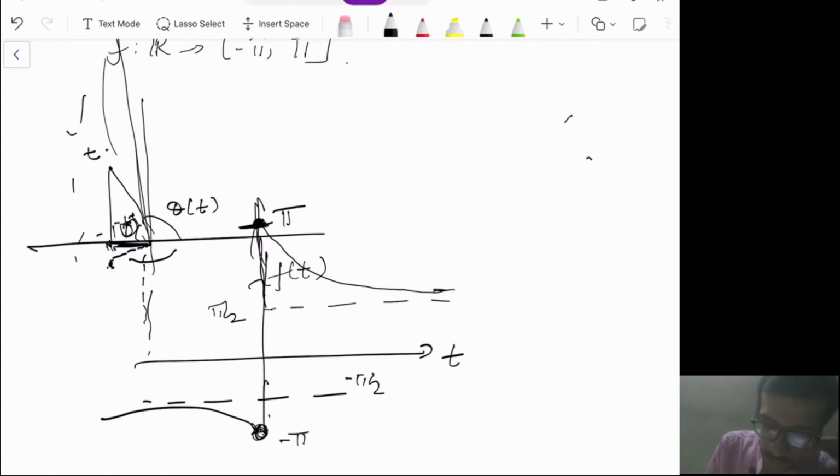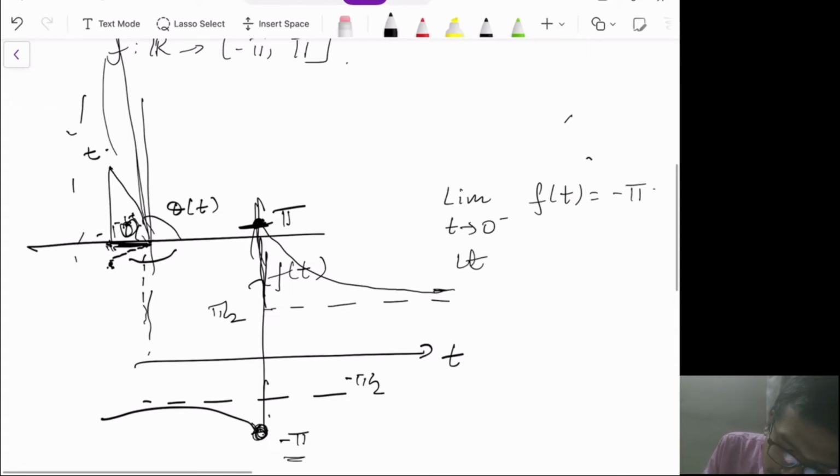So there is no continuous plot, and you can also check that the limit at t equals 0 does not exist. Why? Because the left hand limit is minus pi, the right hand limit is plus pi, so the limit itself does not exist. The value of the function at t equals 0 is pi. So the limit of f of t as t approaches 0 from the left is minus pi, whereas as t approaches 0 from the right, it is plus pi.